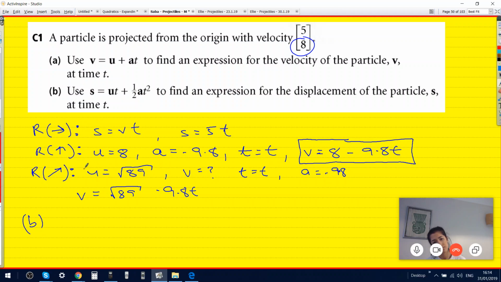How about B? Is that 5, or is that 8? U is root 89, because they meant resolving diagonally. So this is going to look something like that.